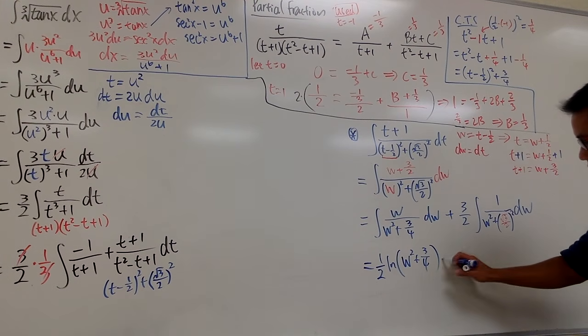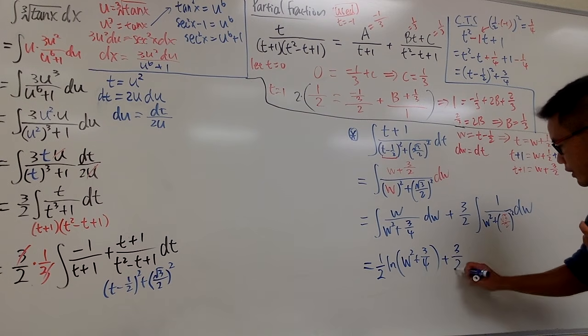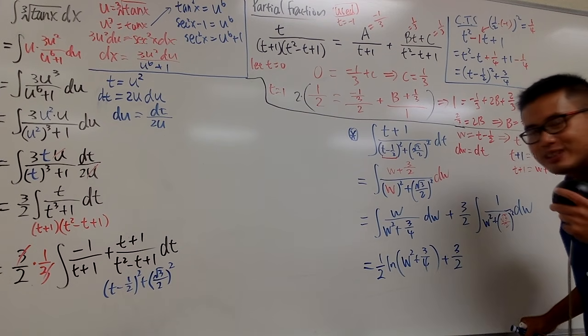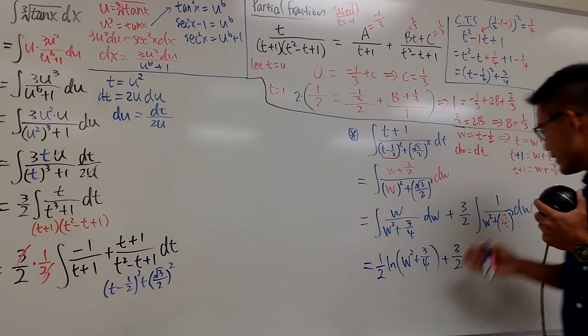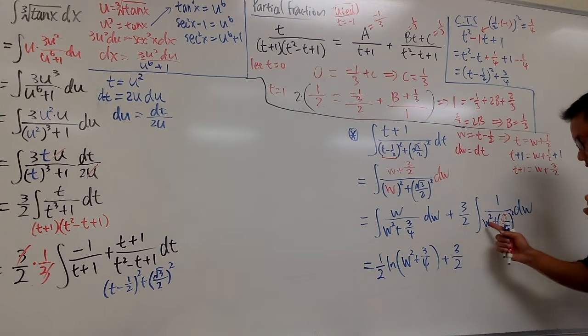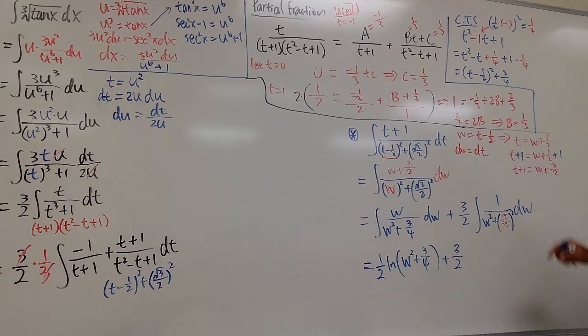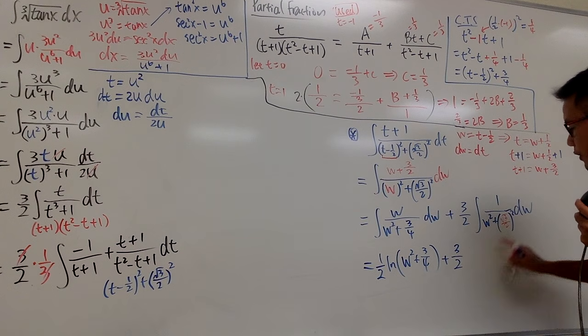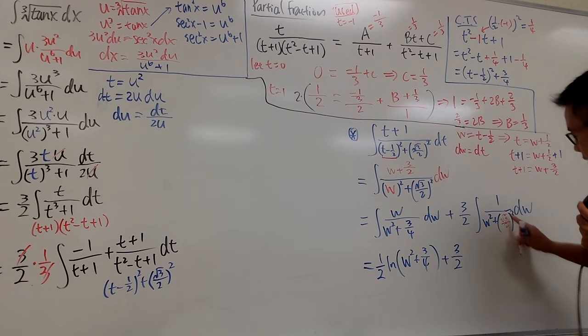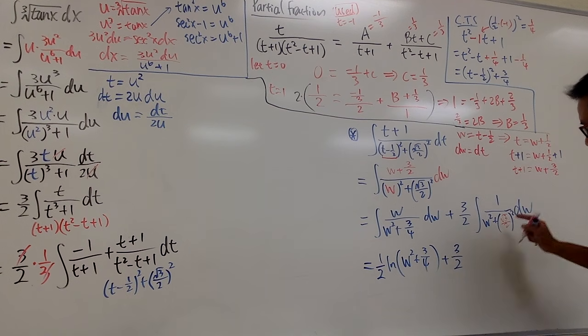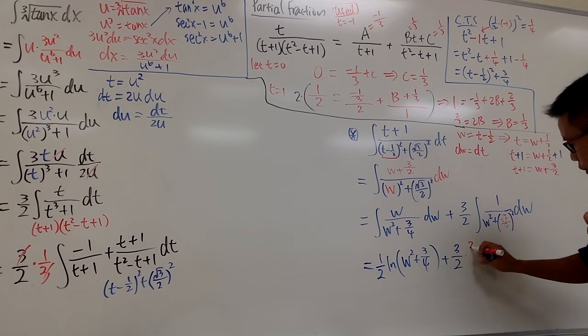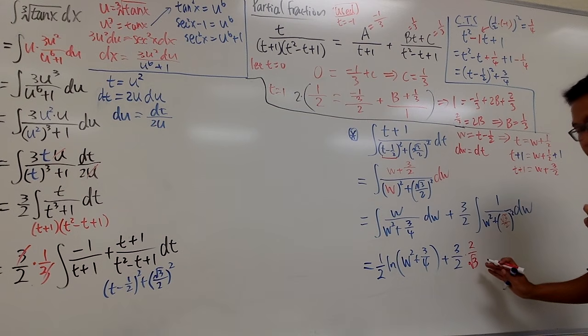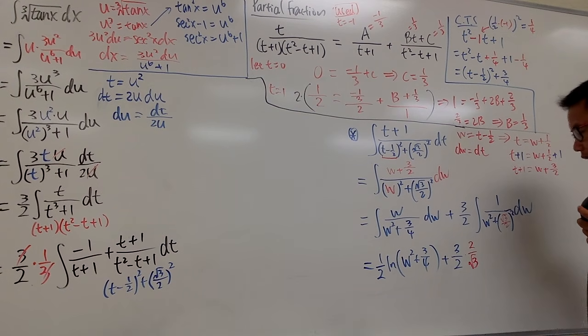And now what's this? Let me write down 3 over 2. We have to use the formula to integrate 1 over something squared. That's a variable, plus another number squared, right? So the formula says we have to do 1 over a, and a is square root of 3 over 2. So do the reciprocal of that. Therefore, we will have 2 over square root of 3. This is the 1 over a part, all right?